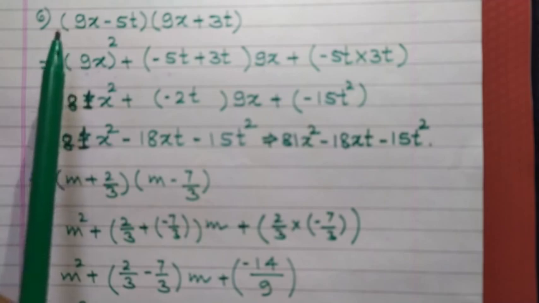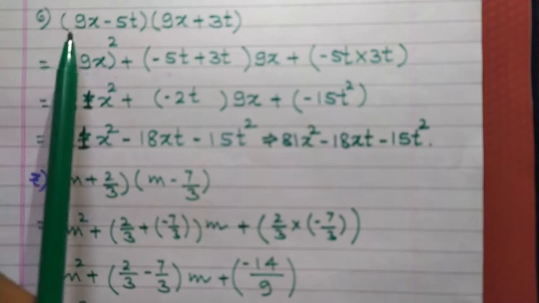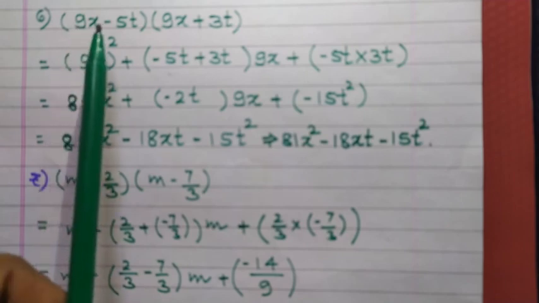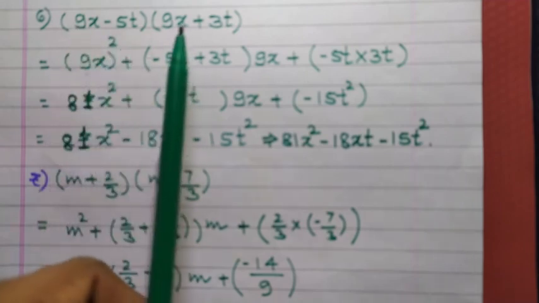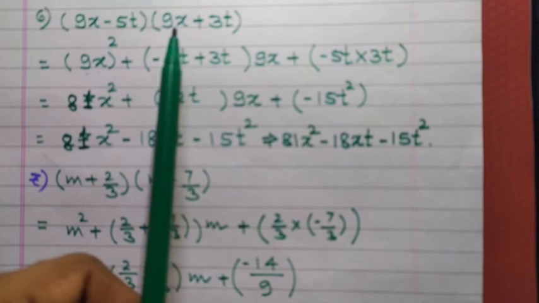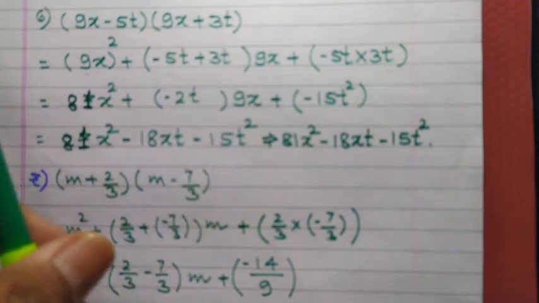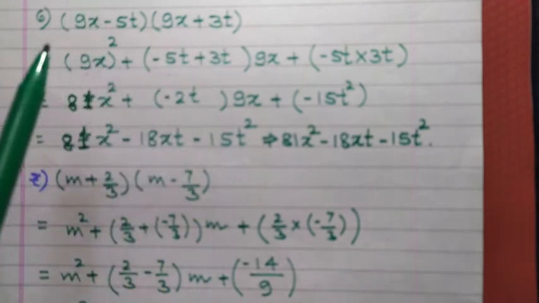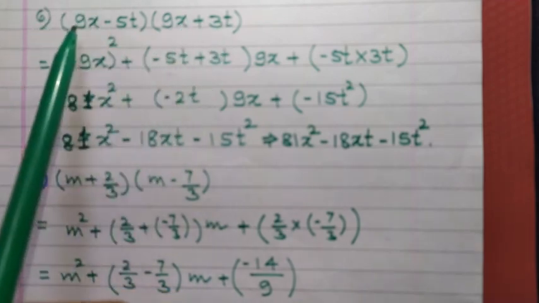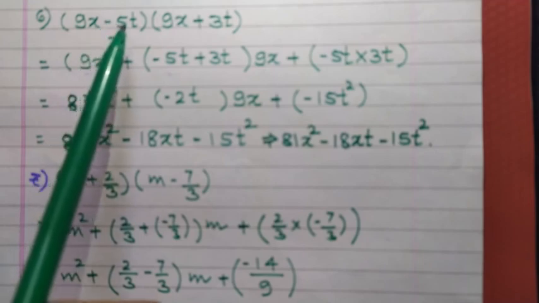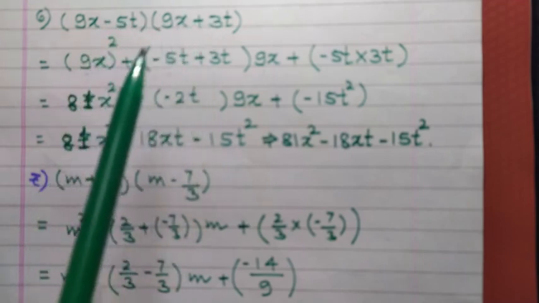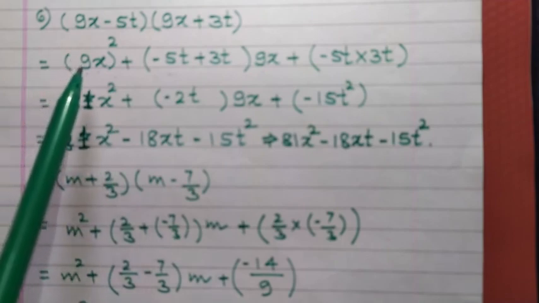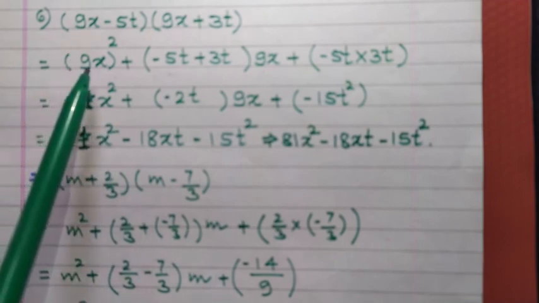Now we move towards example number 6. The example number 6 is (9x minus 5t), first bracket, and the other bracket is (9x plus 3t). So in these two brackets, the common term is 9x, whereas the uncommon terms are 5t and 3t. As far as the formula is concerned, it is the common term square.